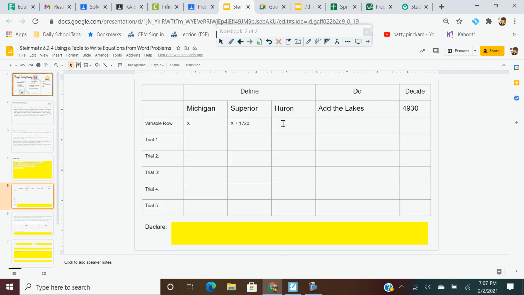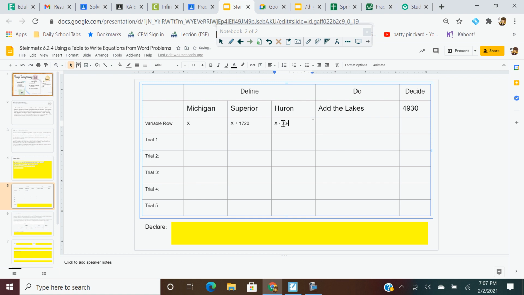So we're going to do x minus 330. Then we're going to add those together. So I'm going to get x plus 1,720 plus x minus 330, and that needs to all equal 4,930.